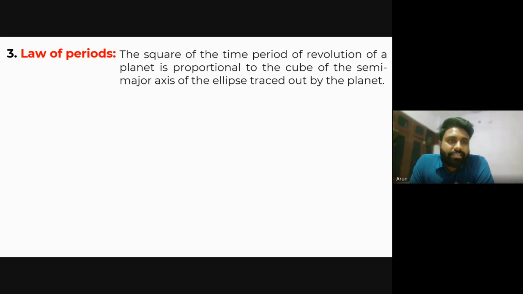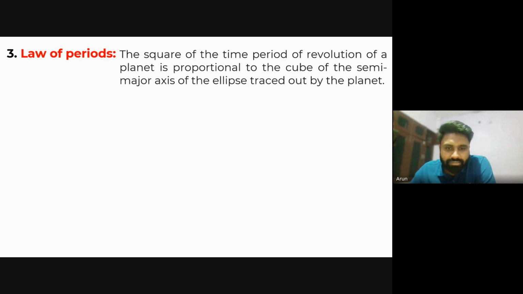It will tell us by this law, the law of period. So it tells us that the square of the time period of revolution of a planet around the sun is directly proportional to the cube of semi-major axis of the ellipse traced by the planet.